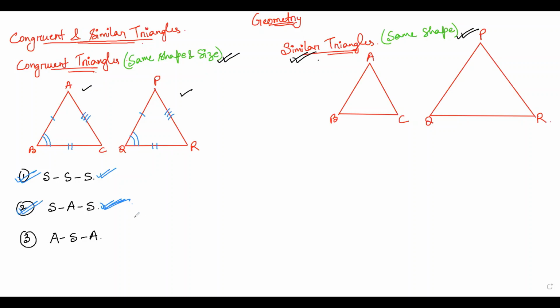In a similar way, if two angles and one side of a triangle are respectively equal to two angles and the corresponding side of the second triangle, then the two triangles can also be termed as congruent triangles through ASA rule.